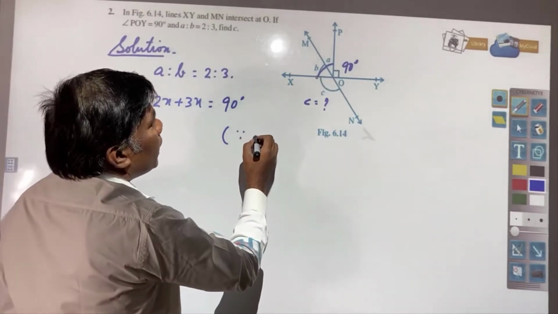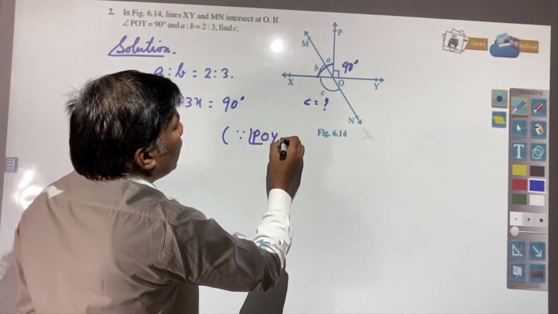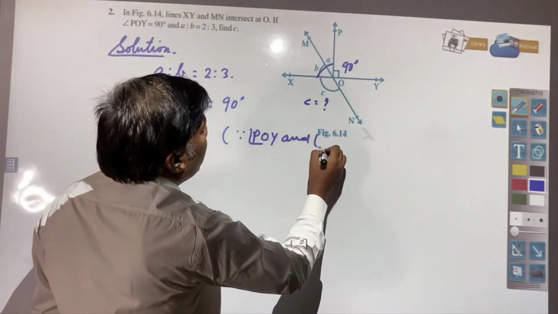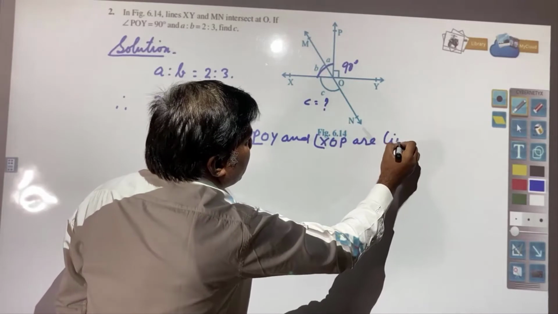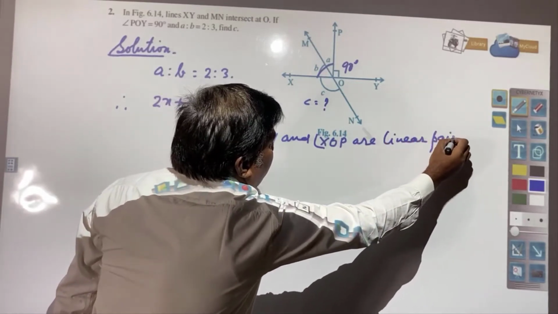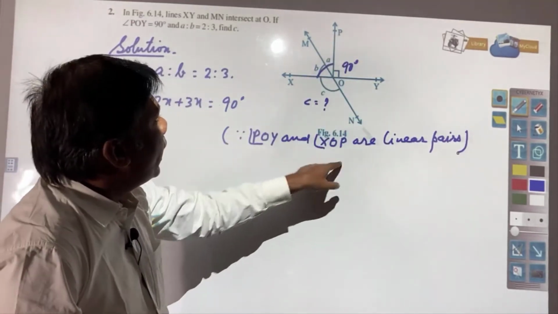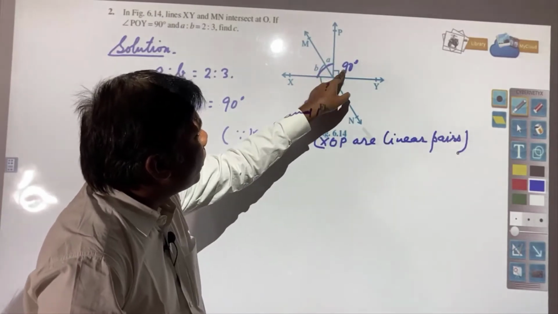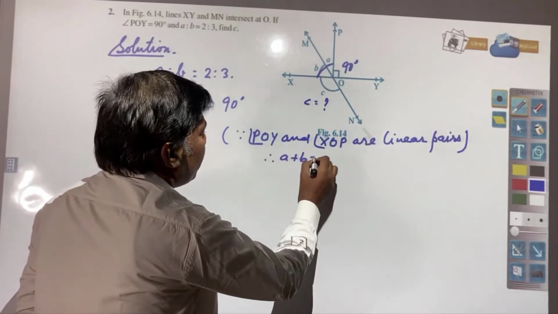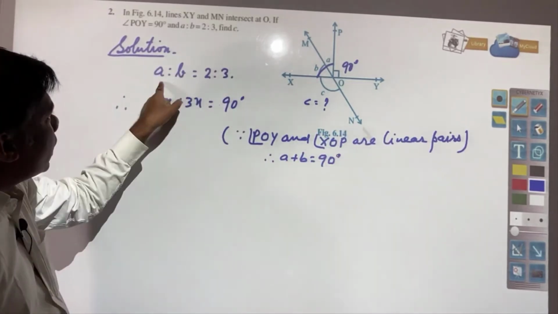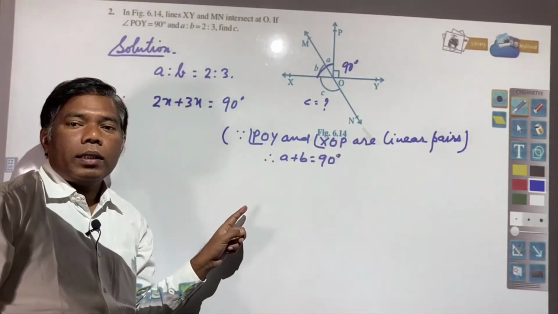Since angle POY and angle XOP are linear pairs, that's why A plus B will be 90 degrees. And that's why this has been given 2:3. It means 2x plus 3x is equal to 90 degrees.